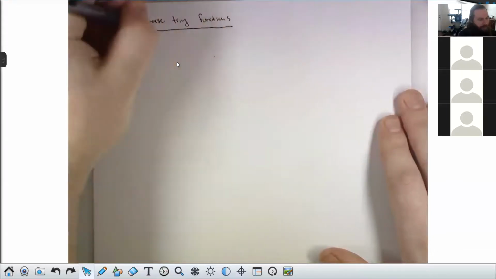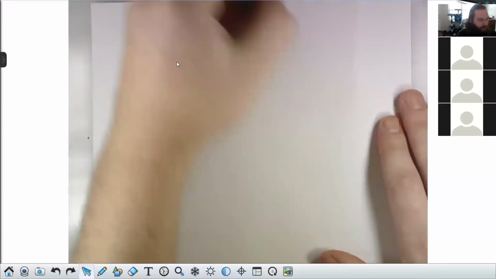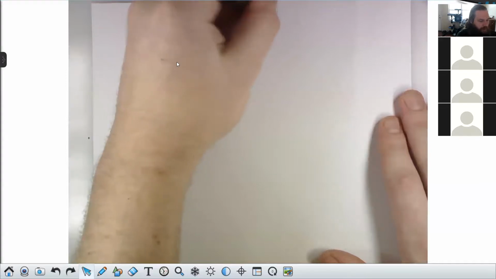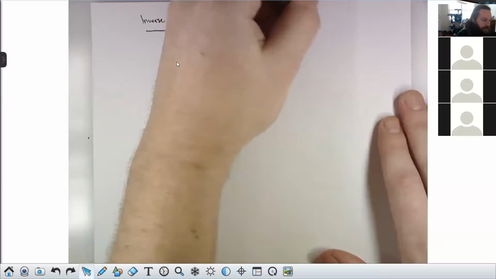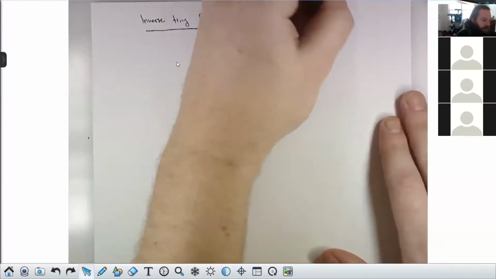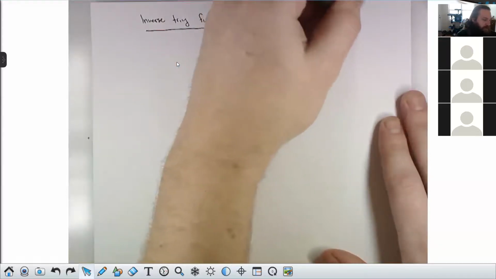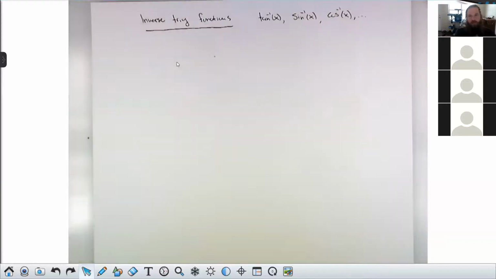We don't know how to differentiate these yet, like arctan or tan inverse, arcsine or sine inverse, arccosine or cos inverse. Each of those 6 trig functions has an inverse. We know how to differentiate the regular trig functions, but we don't know how to differentiate the inverse trig functions.